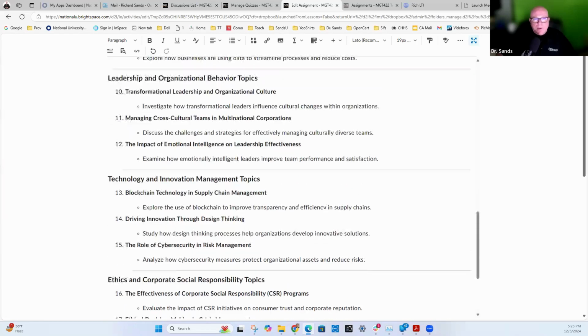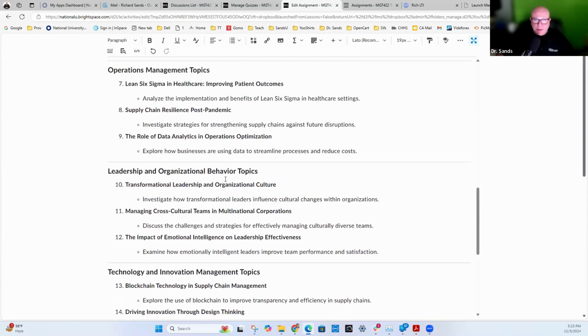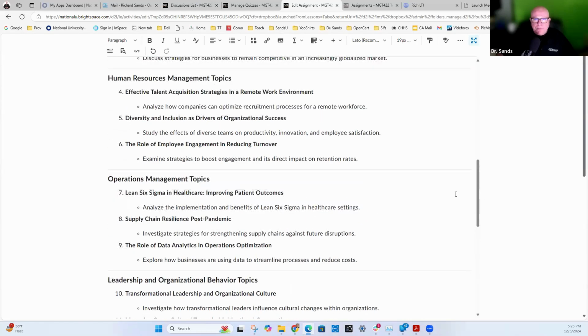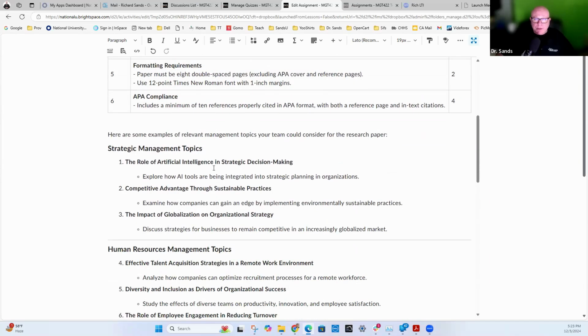That's the main topic, but these would be subtopics: transformative leadership, managing cross-functional teams, the impact of emotional intelligence. Again, not required. I put these merely as examples. You could pick one of these.